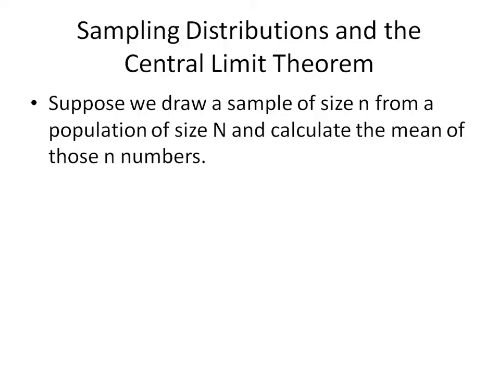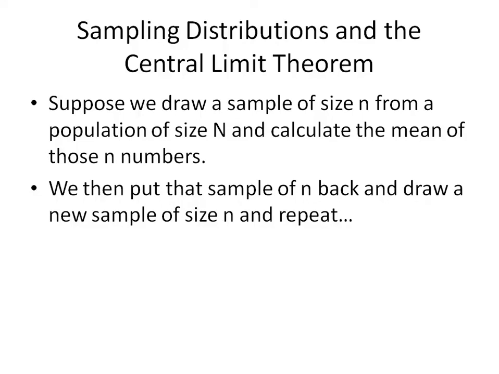Let's first perform a hypothetical. Suppose we draw a sample of size little n from a population of size big N and calculate the mean of those n numbers. So we have a population of a million random numbers, and we draw 10 of those, calculate the mean of those 10 numbers, and then we put that sample of little n back and draw a new sample of size n and repeat.